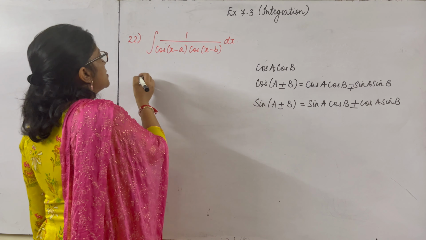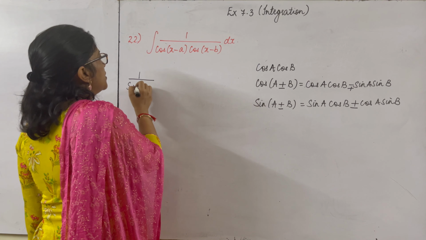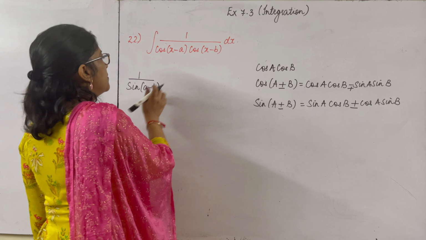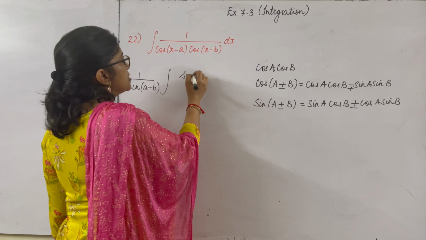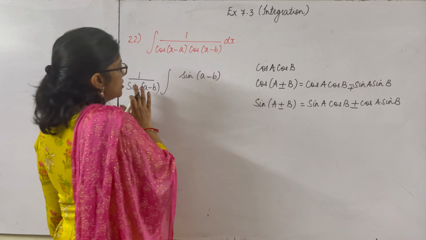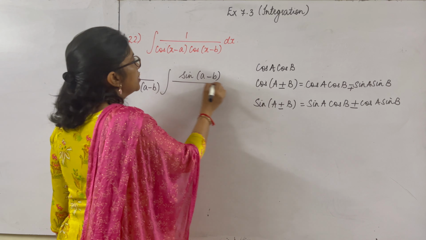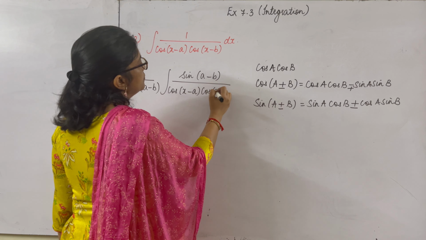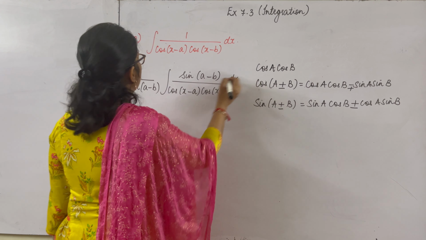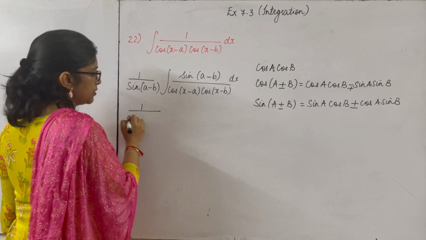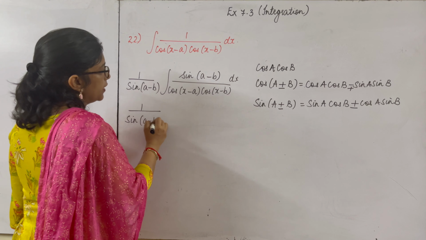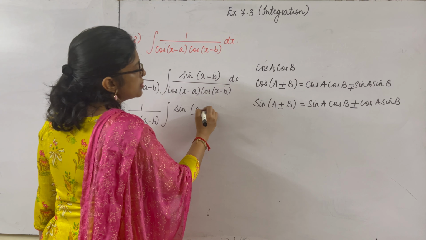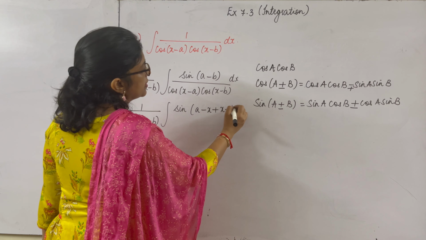So let's multiply and divide with the constants. Suppose we multiply and divide with sin A minus B. Since it is the constant, the one with which we are dividing, we'll put it outside. We don't need that for the integration. So this term will continue up till the end, but over here we will subtract and we will add x here.